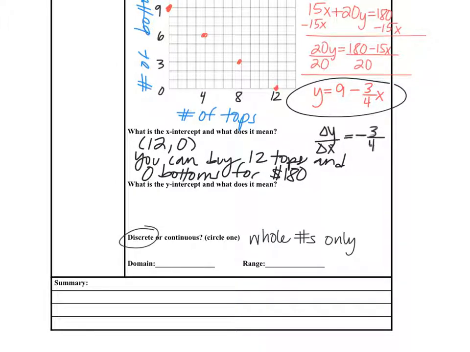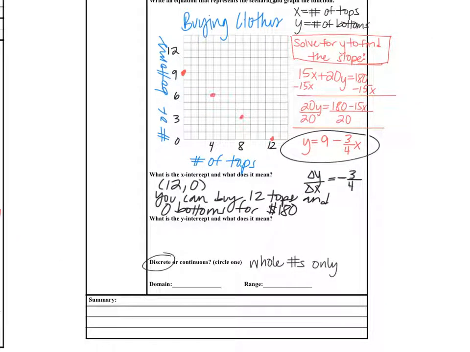The y-intercept, class, what's my y-intercept? 9. 0, 9. I'll let you get this, and then we need to explain that.